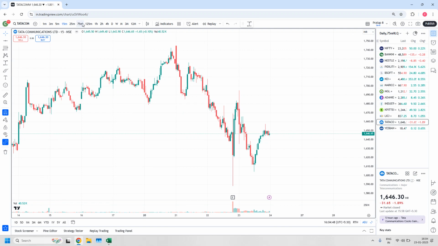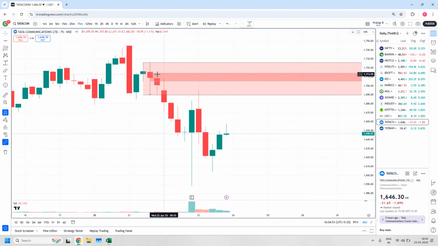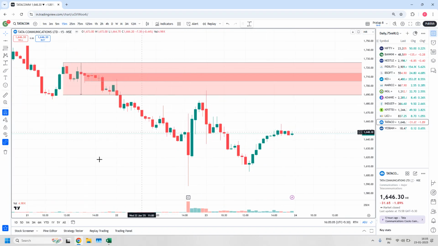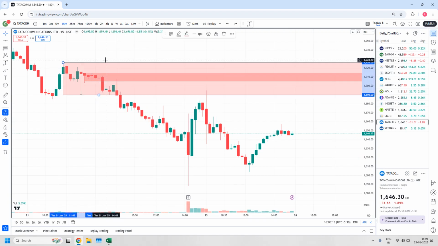Next one is Tata Communication. This is also a 75-minute high liquidity zone. Of course, today prices did not enter inside this area. See, I fine-tuned with 15 minutes, not with 5 minutes. Why? Let's look into this. Okay, I consider this candle as a rally candle, failed ERC, 1, 2, 3, 4 base candles and a drop candle.